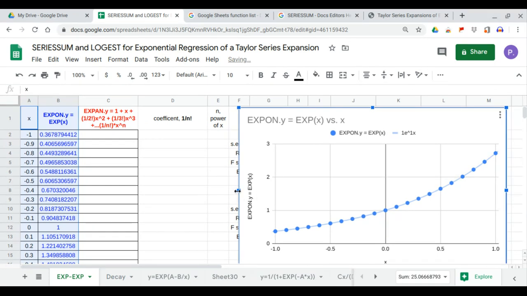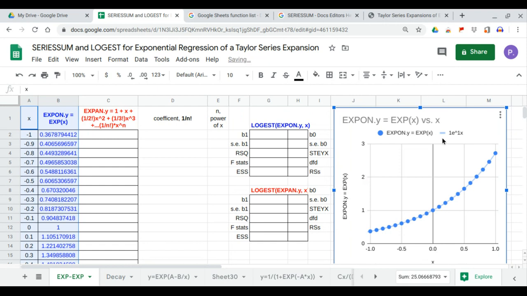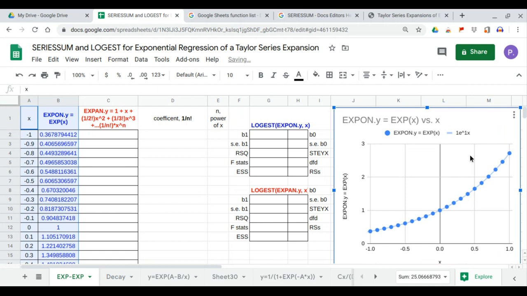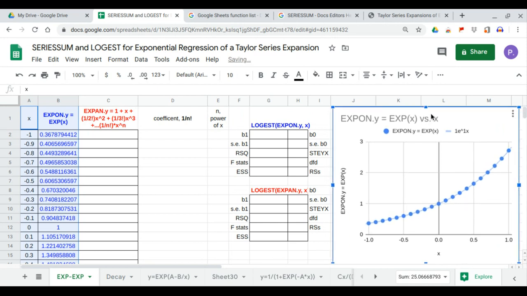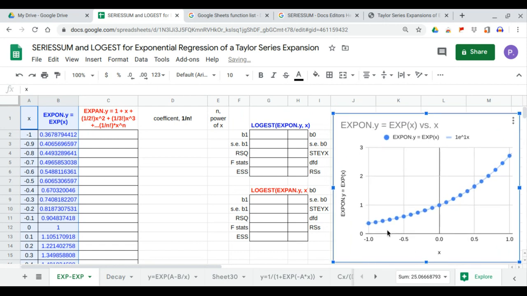That is y equals e to the exponent x. So y equals e to the power 1x, so 1 times e to the power 1x. That's our y equation. And this is the dataset in blue, where these points are the dataset.